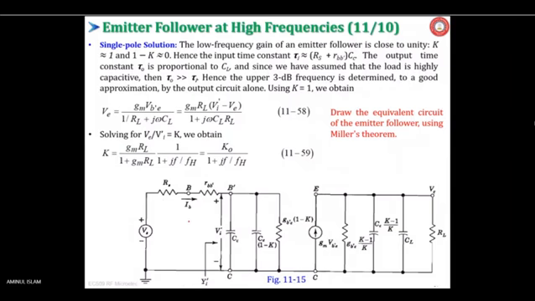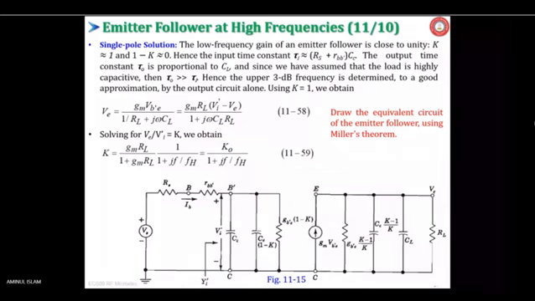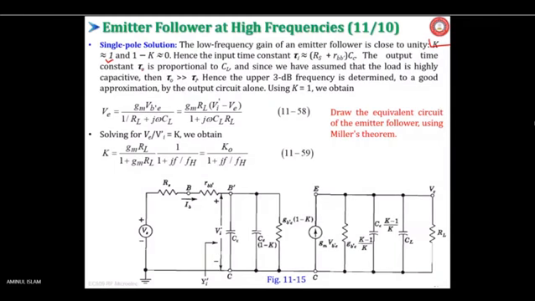The single pole solution: for that, the low frequency gain of an emitter follower is close to unity, that is known to us. That is k equals almost 1, and 1 minus k obviously will be closer to 0. Hence, the input time constant Ti will be what? Rs, RBB' into C. What is the meaning here?